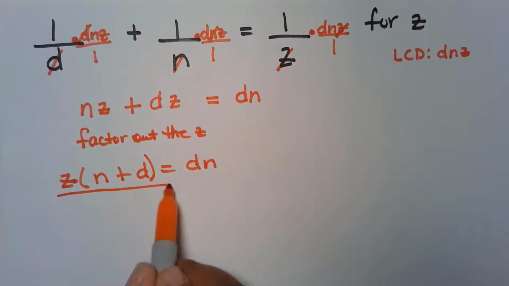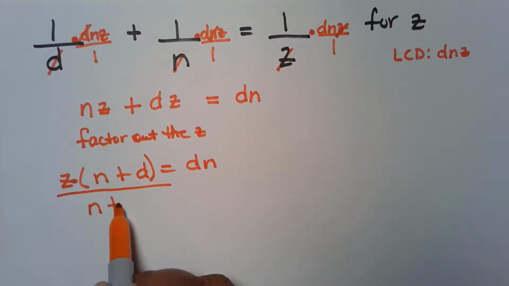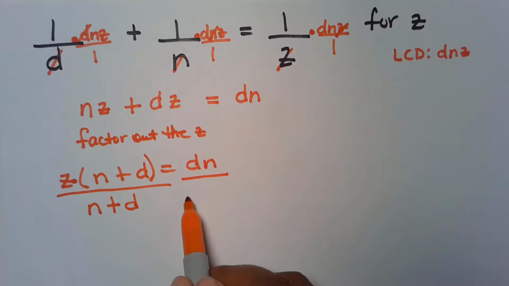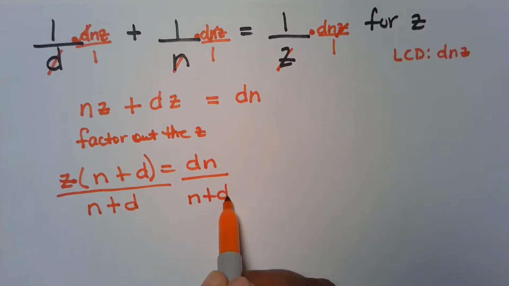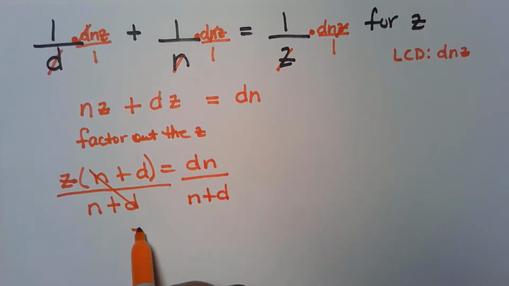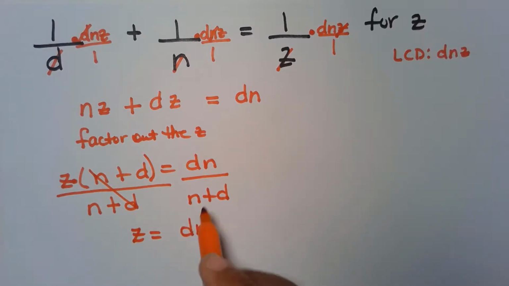And we're going to divide N plus D to both sides. And we have Z is equal to DN all over N plus D. There you go.